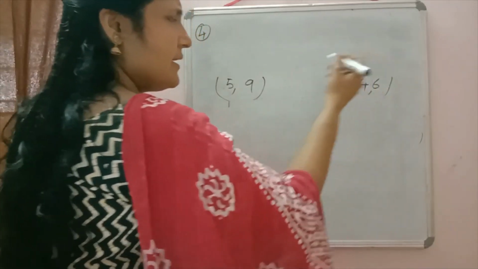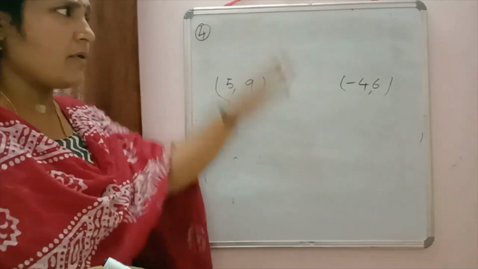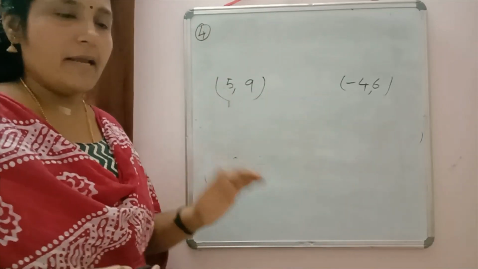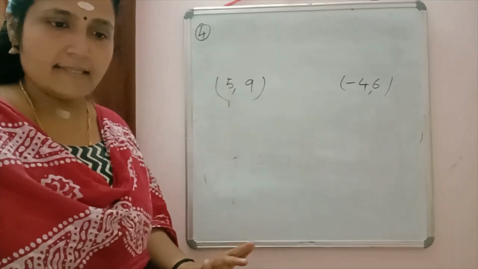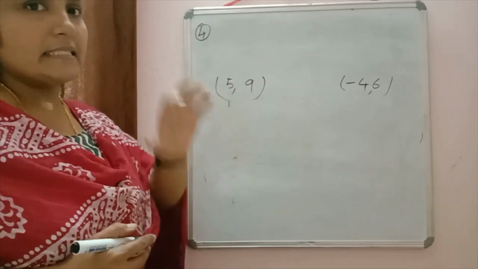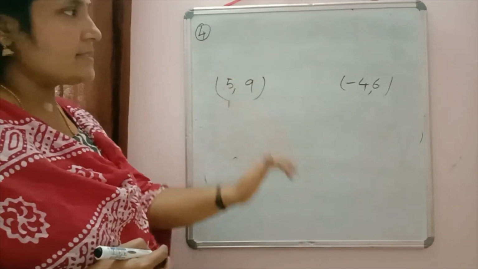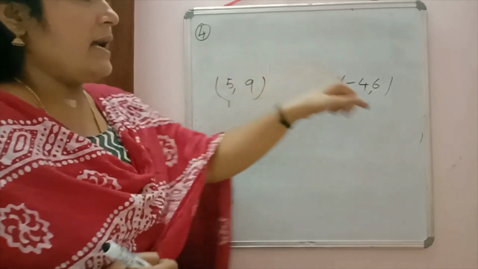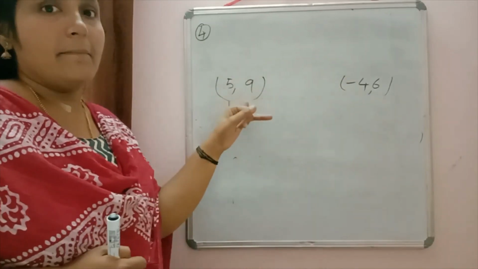I have drawn the points simply, not according to the coordinate geometry system. Now we have to find a point which is on the x-axis, and equidistant means equal distance. A point is there on the x-axis whose distance from this point and this point is the same.